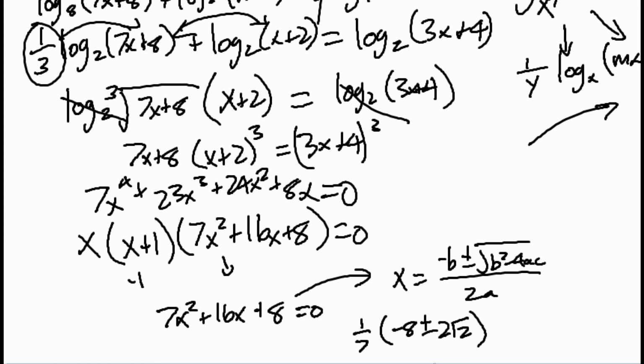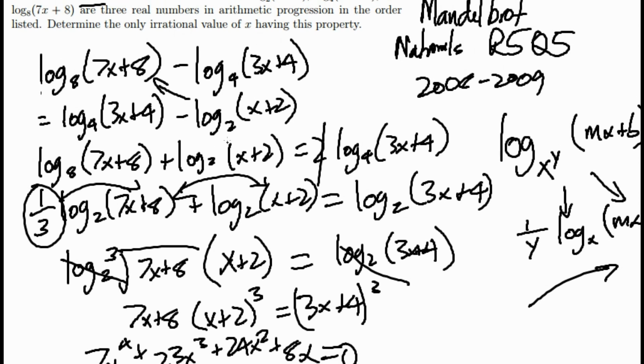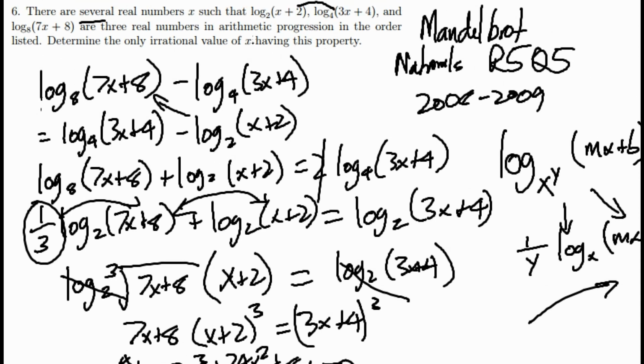So you have two irrational solutions here, and that won't really work, considering they say there's only supposed to be one. The reason is that you need the logs to be positive. Looking at our original expressions up here, what's inside the logs needs to be positive, like 7x plus 8 and x plus 2, or else those expressions won't be defined.